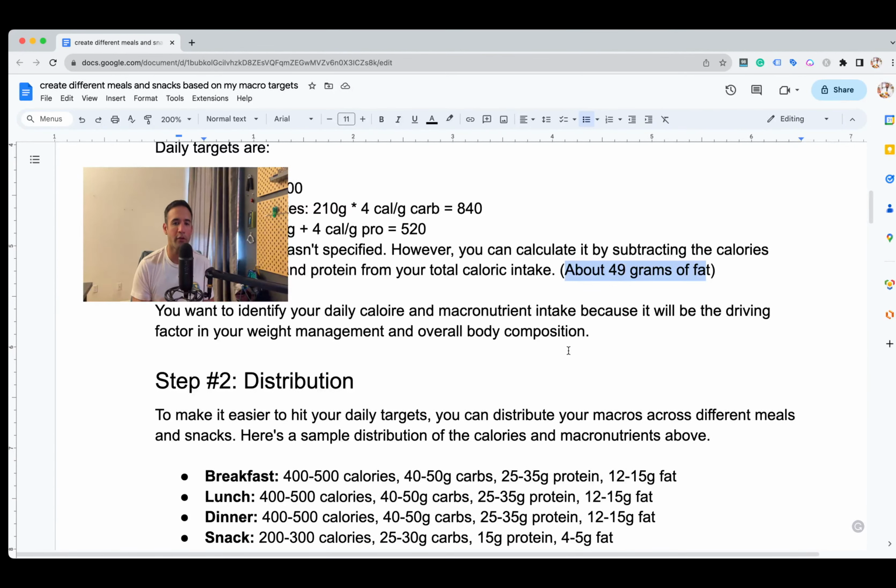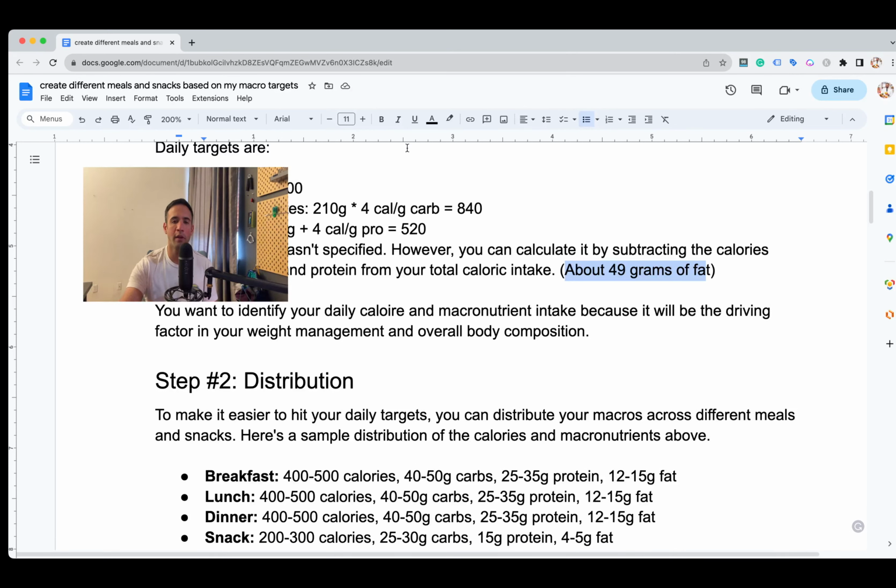Calories and macronutrients are going to be the driving factor in your weight management and overall body composition. What I mean is, if you don't abide by the idea of calories in, calories out, and you have a goal of losing weight and you're tracking your macros, you're missing the foundational component that's really going to drive that forward. So you definitely want to find where your daily targets are, what your goals are, and shape it around that.